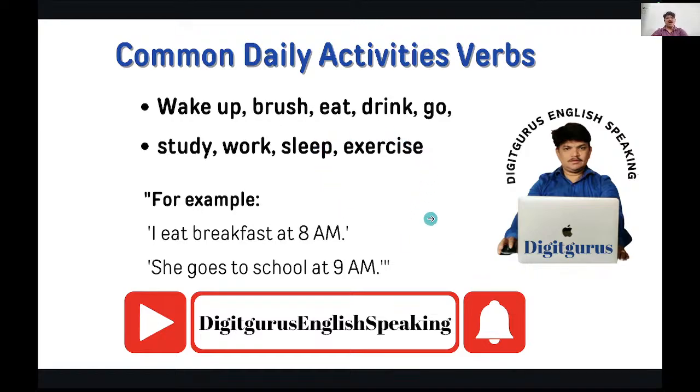For example, I eat breakfast at 8 a.m. She goes to school at 9 a.m. We have already discussed when to add s or es to the verb in our previous slide. Let us move ahead.